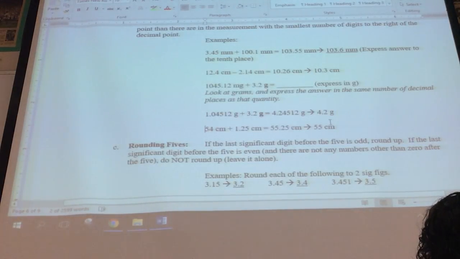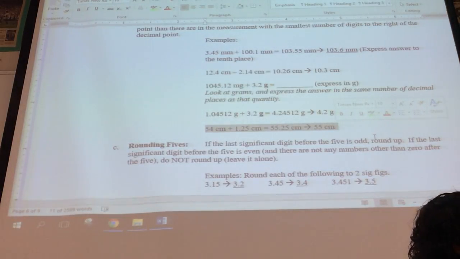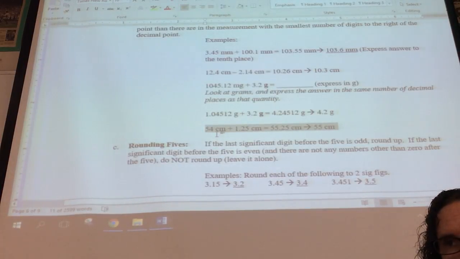This last problem here is a little tricky, and this will start to come together as we work through many of the problems together. I have 54 centimeters plus 1.25 centimeters, and that's equal to 55.25 centimeters. I had the same unit. I added those quantities together. How many decimal places in 54 centimeters? None.